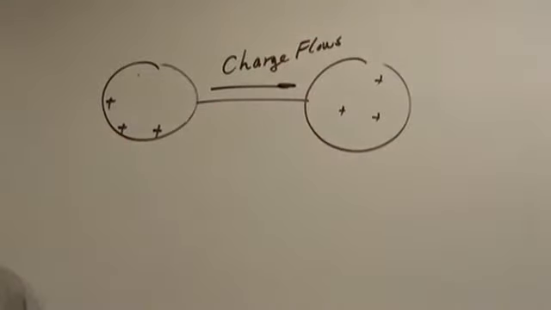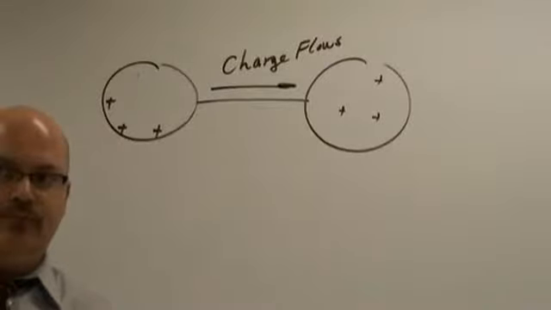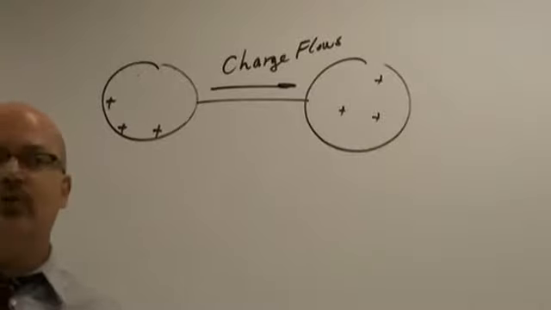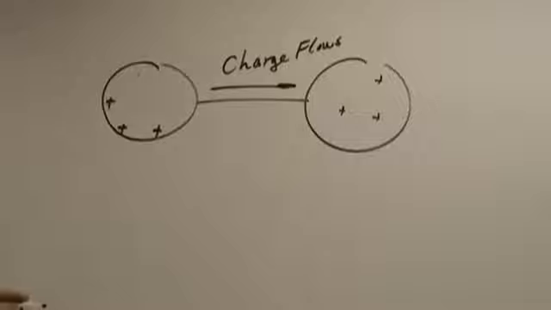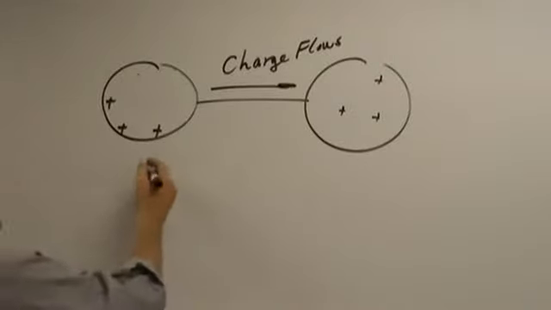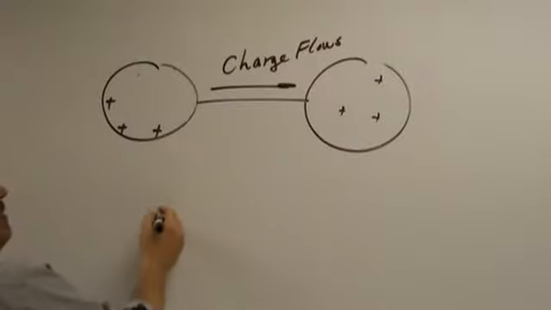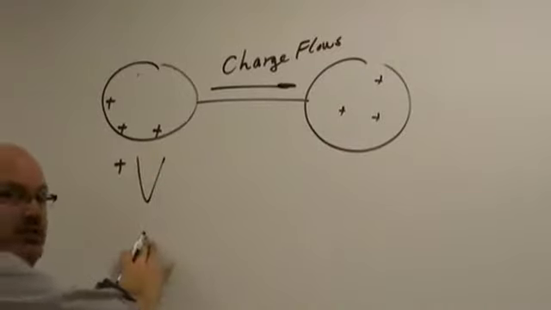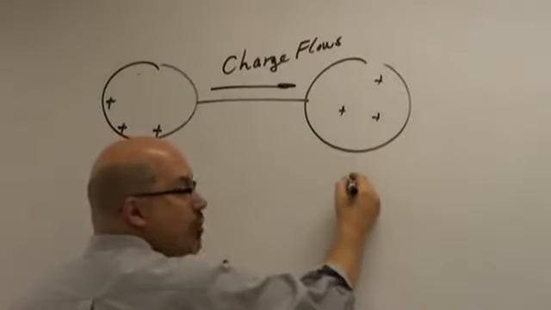So charge continues to flow until they reach equilibrium. And what is our equilibrium condition? Not when they're neutral, but until they have the exact same potential. Because when we began, this one had a high amount of positive potential, and this one had no potential.